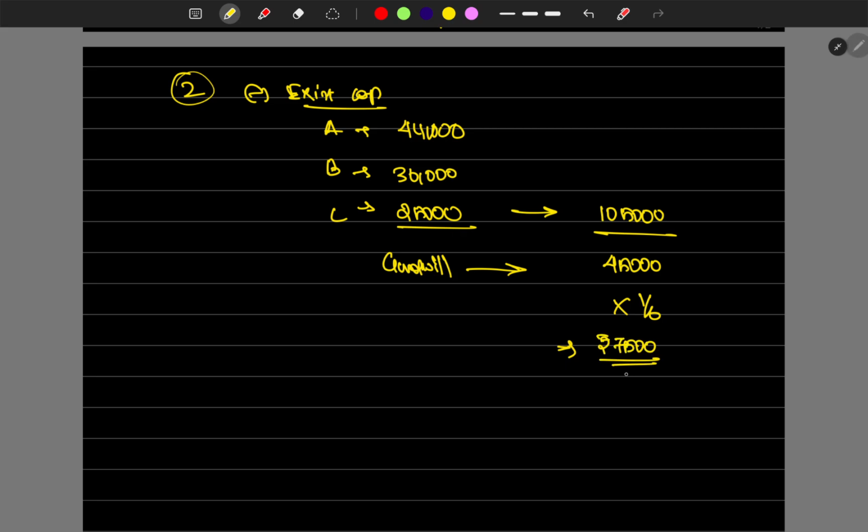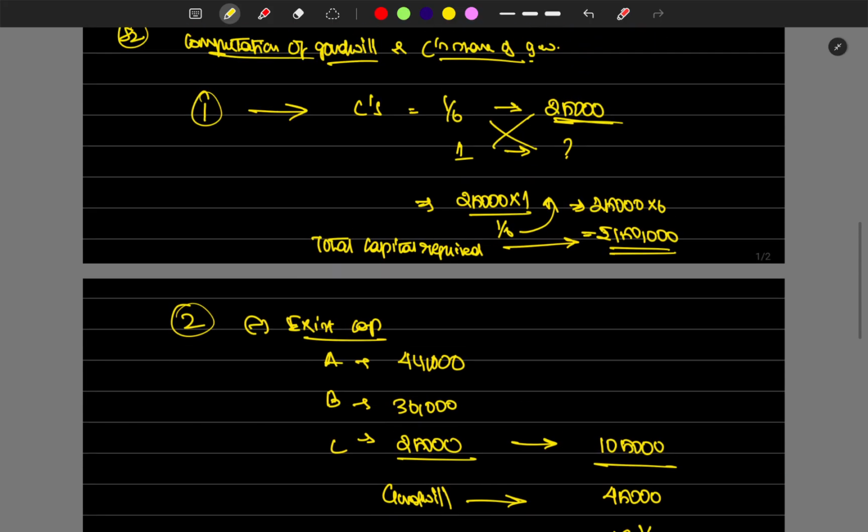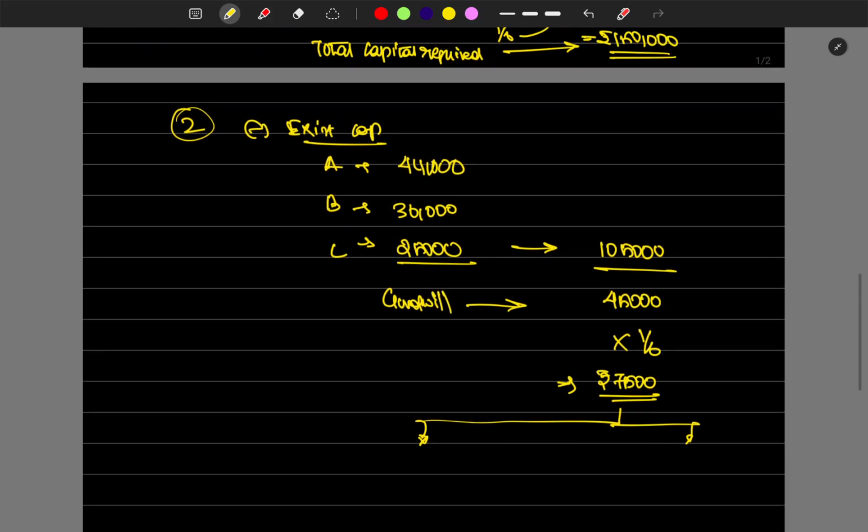Okay, 7,500 is the goodwill of C. He has to gain 7,500 worth of goodwill, in which ratio? We found that 3:2 is the sacrificing ratio.